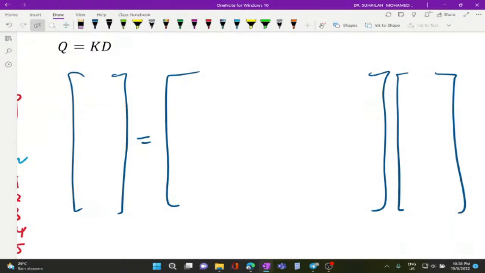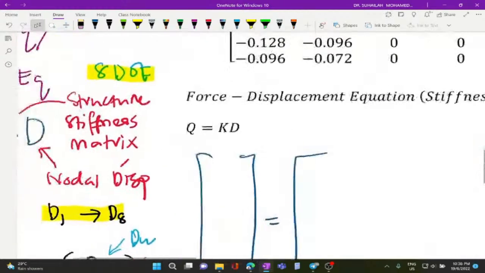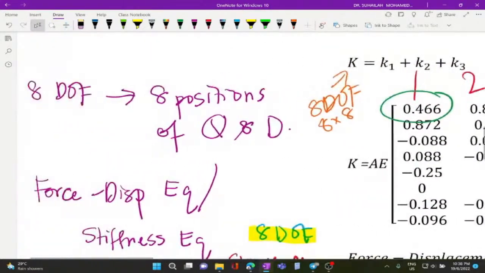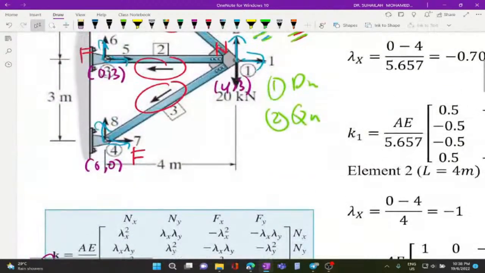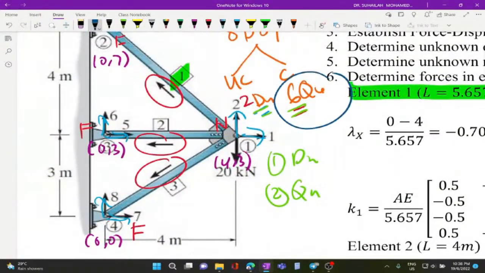So we have Q1 and Q2, and then there are 6 unknown reactions. 6 unknown reactions means we list Q3 until Q8 with the symbol only, because Q3 until Q8 will be the output later.